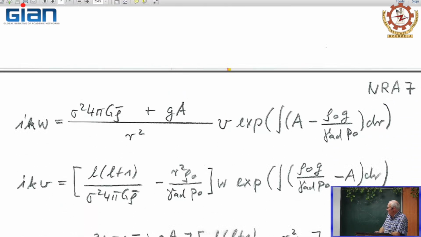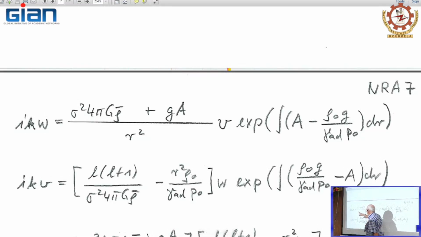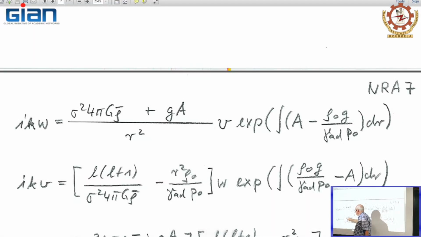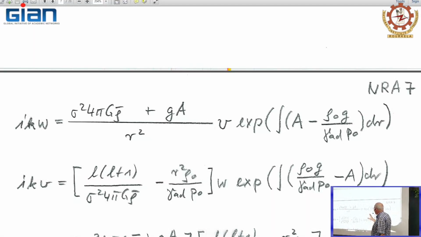Well, doing that, we replace the derivative with respect to radius of W, and this exponential can then be cancelled from the equations, and we are left with an algebraic equation for W, V, W, and the rest of our coefficients.